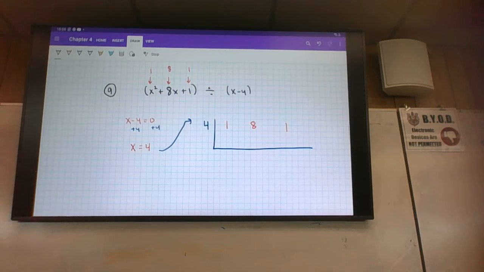So on the example, we multiplied by 2 every time. What number are we going to multiply by every time here? 4. Yeah, you got it.